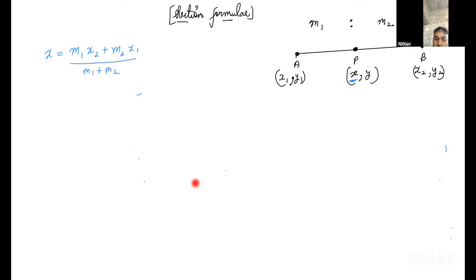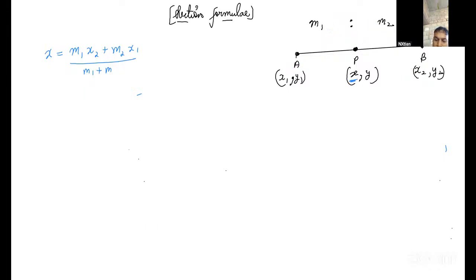Every time it will work in cross multiplication: m1 will multiply with x2, m2 will multiply with x1, upon m1 plus m2, if you want to find the value of x.